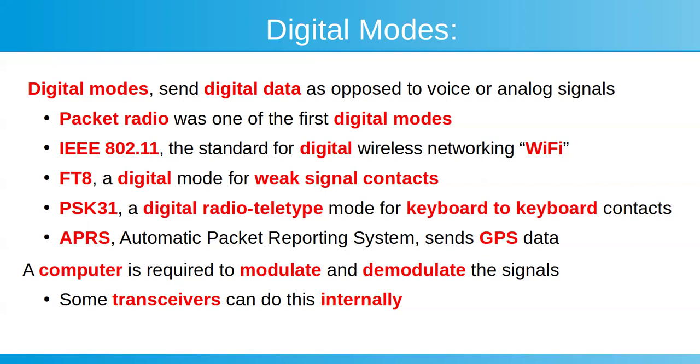There's also APRS, which is the automatic packet reporting system, where it sends GPS information along with possibly some other data. It's basically used for tracking. I'm not sure what the current status is.